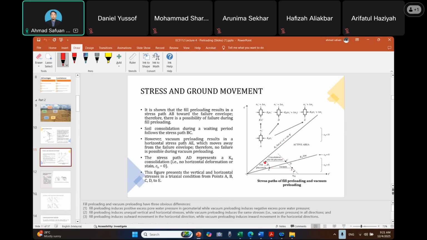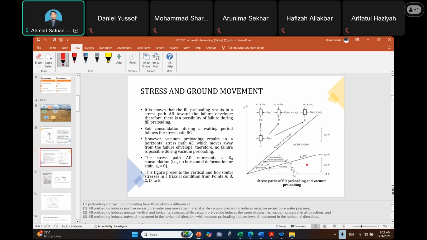However, for vacuum preloading, there will be vertical movement and, at the same time, inward horizontal movement. So there is no outward horizontal movement. This area is considered a passive area.